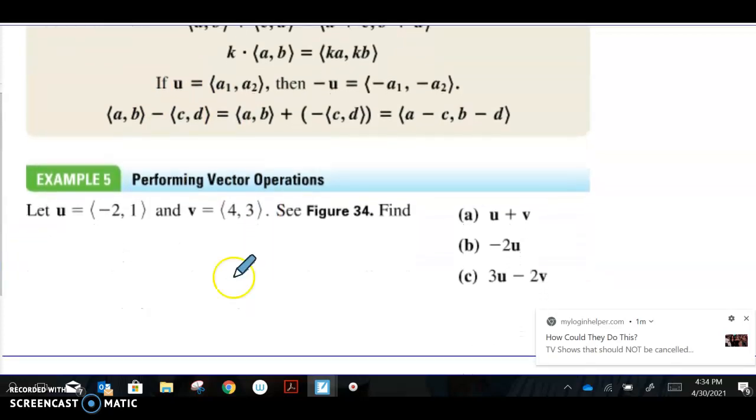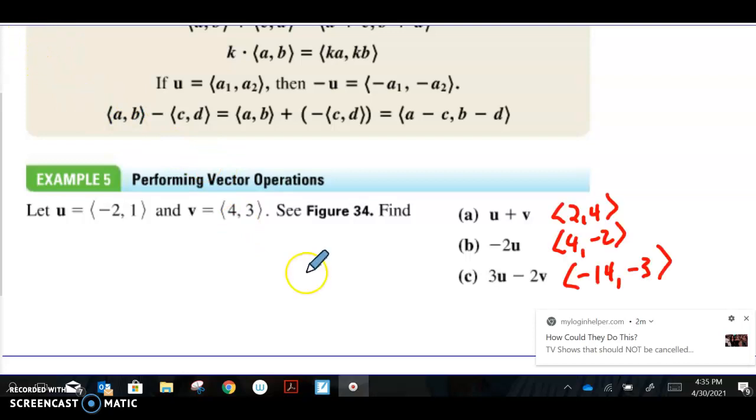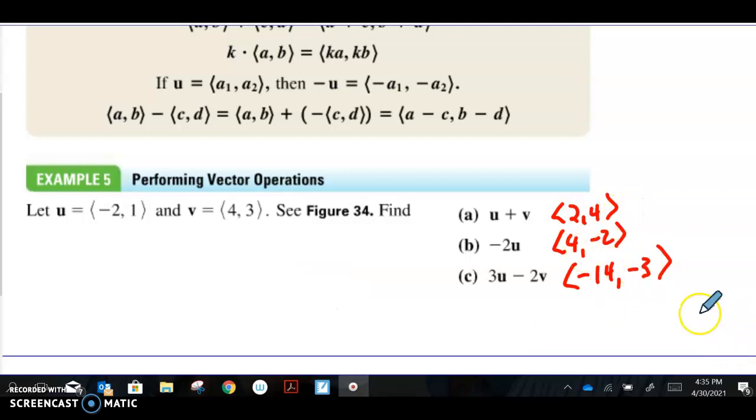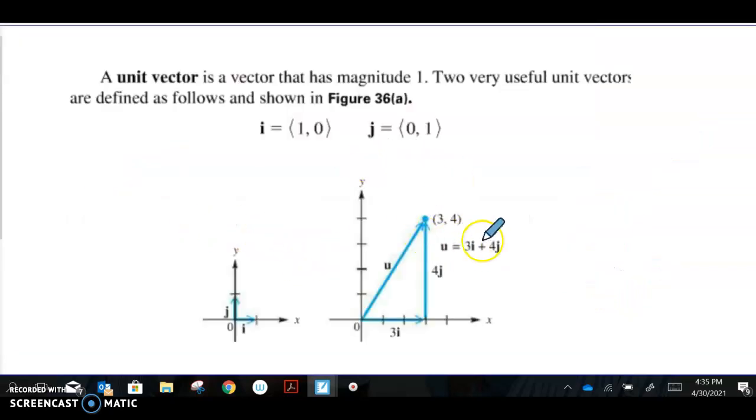Okay, if I asked you to perform those kinds of operations, they're pretty simple. You try them, I'll put the answers up. Pause me and try them. Okay, hopefully this is what you got. If you did not get it, please look to page 338. And if you still don't get it, bring that question to class.